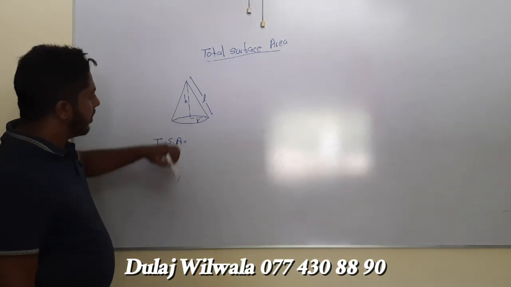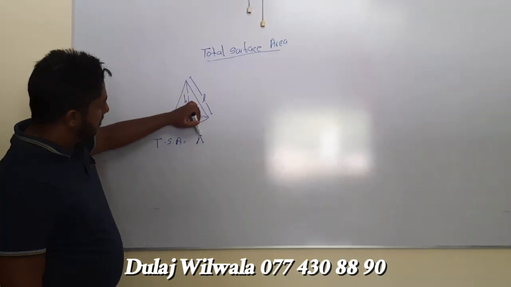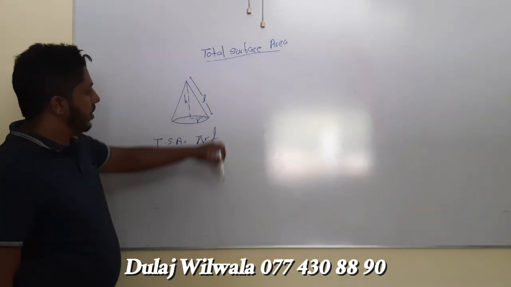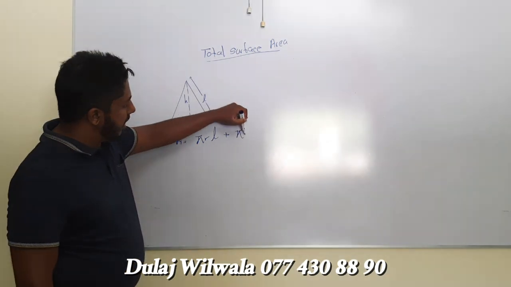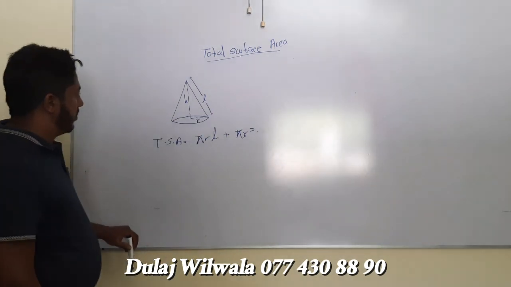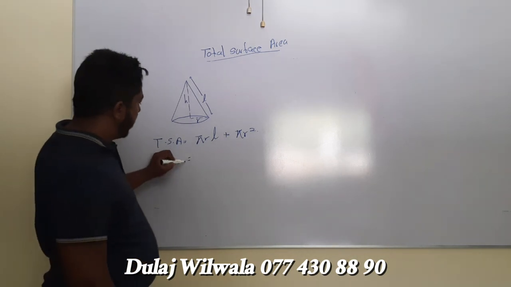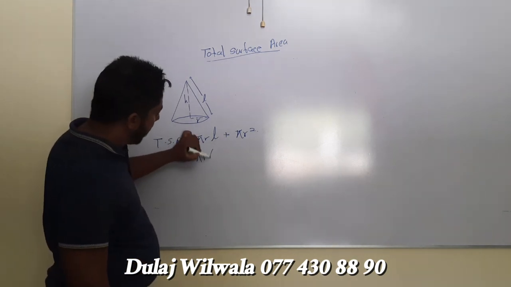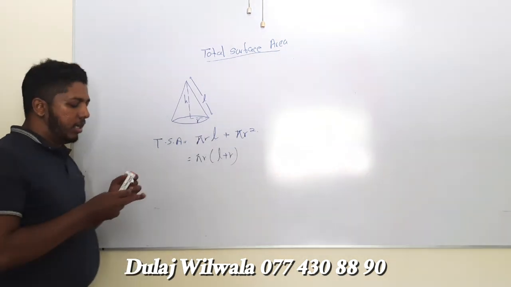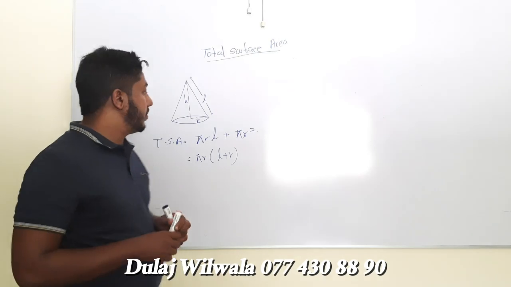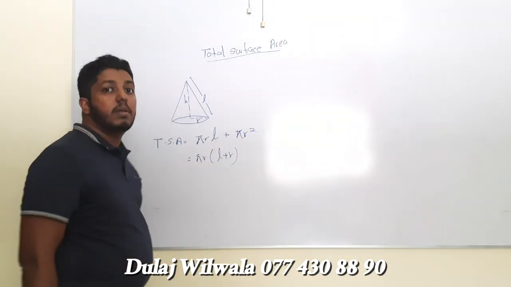So the curved surface will be pi r L plus the bottom surface will be pi r squared. So you can take this pi and r out and write L plus r as well, or else just remember total surface area is pi r L plus pi r squared.